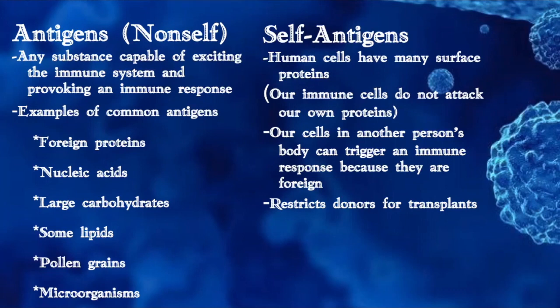But a self-antigen is primarily going to be something that is going to trigger an immune response in your own body, maybe an organ transplant. Because human cells have their own surface proteins, you're not going to attack your own body. But if there's a transplant put in your body, an organ or a skin graft, this can trigger an immune response against part of the new body organ or tissue that was added.